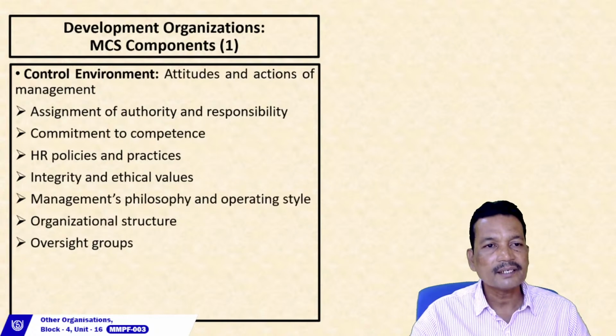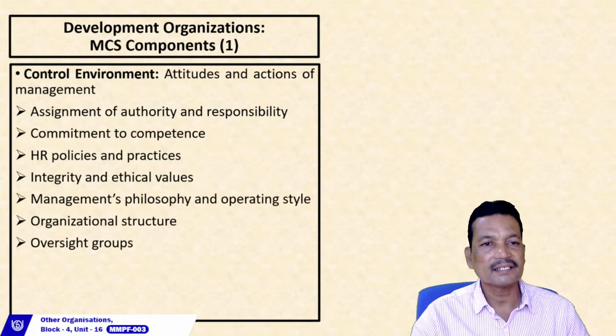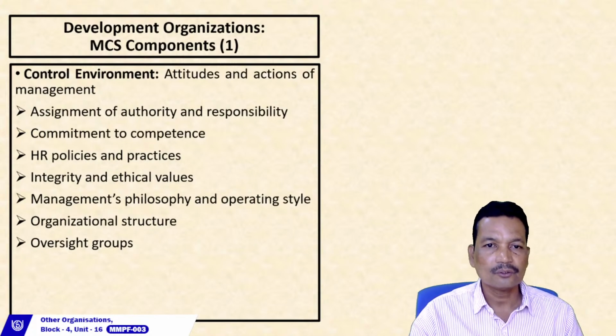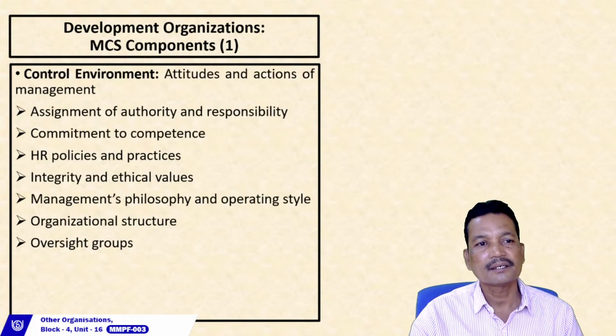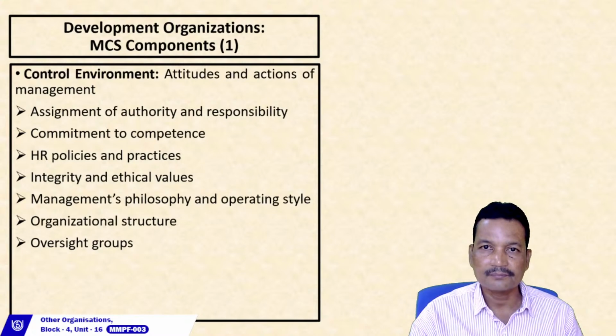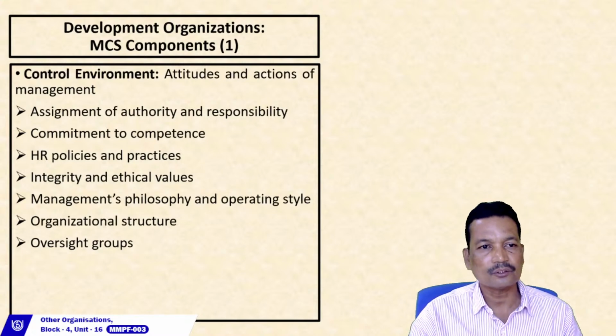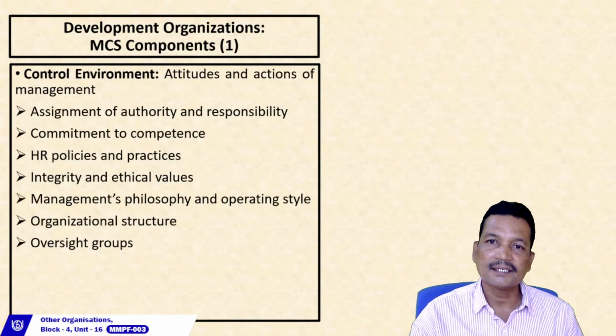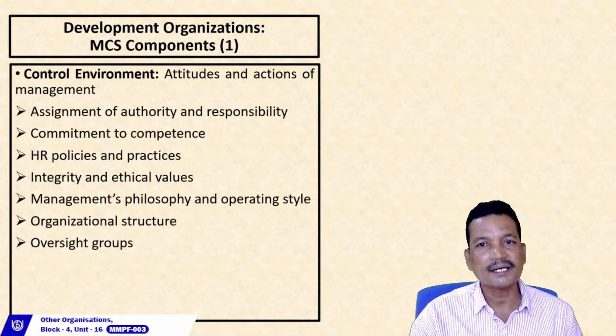Now, when we are looking at the components of a management control system, we have the control environment. Who controls the thing? It is the management. What do they do? They assign the responsibility and the authority.